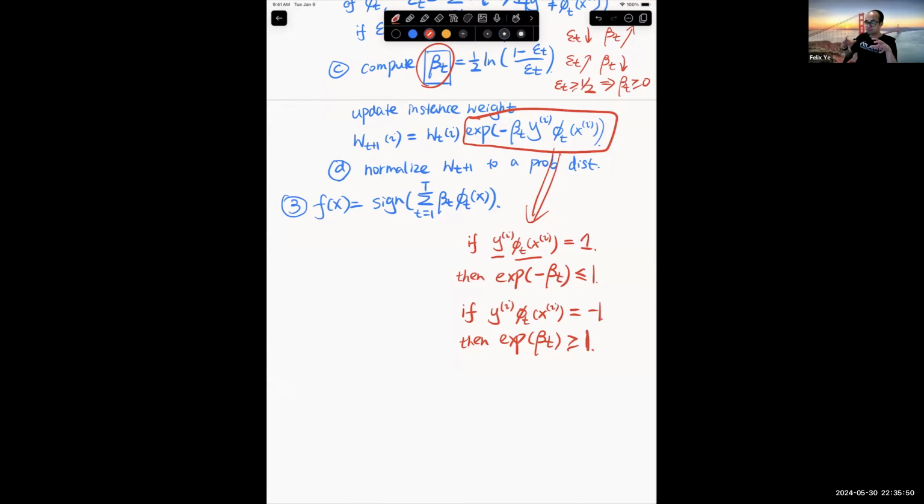So that means if I make a correct prediction for this round, then I'm going to shrink my weight for those correct predictions. If I make mistakes on one specific training data point, then I'm going to make its weight bigger, right? So in the next round, I will put more effort to minimize the errors that I made in the previous round.